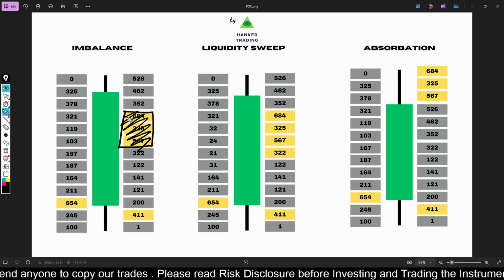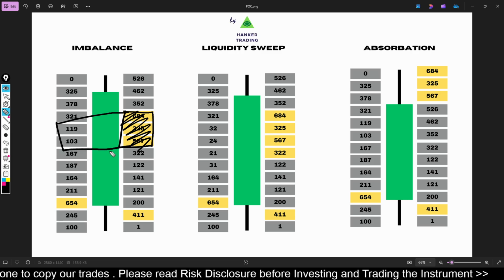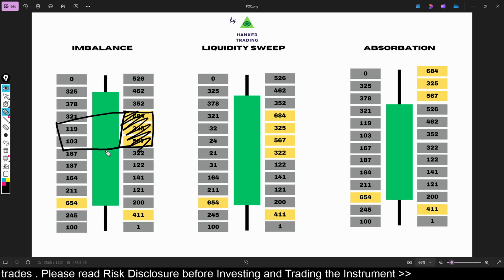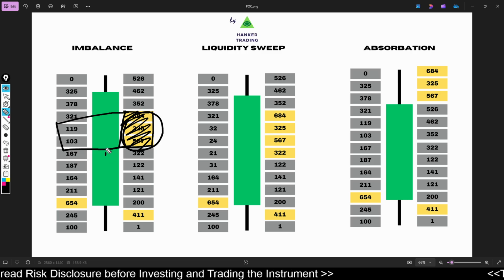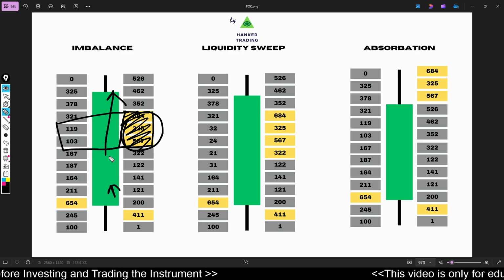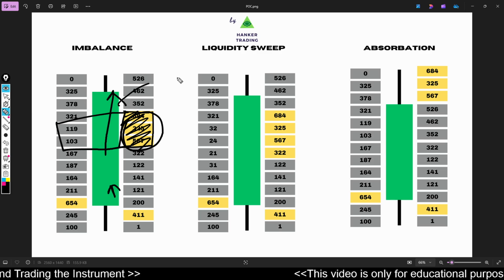They wanted to control the price to keep the particular candle below this level, but at the end of the candle what happened, the aggressive buy orders filled all these passive orders and pushed the market upside. That means the aggressive buyers are very strong at this place. Again, the same concept is almost similar to the liquidity sweep.